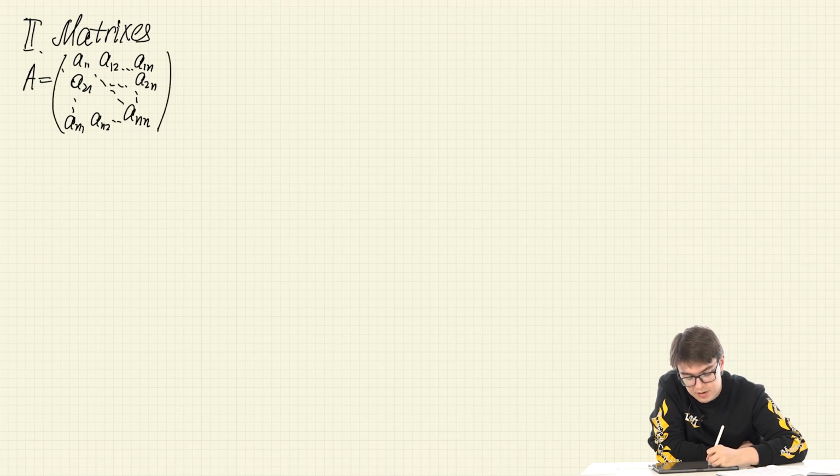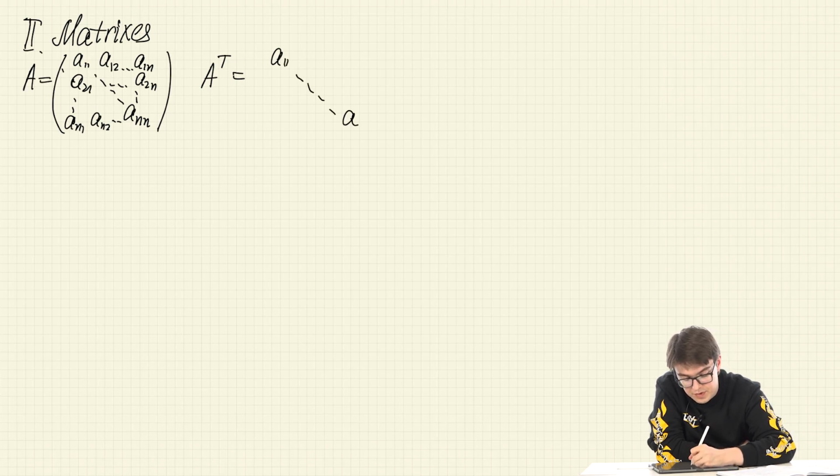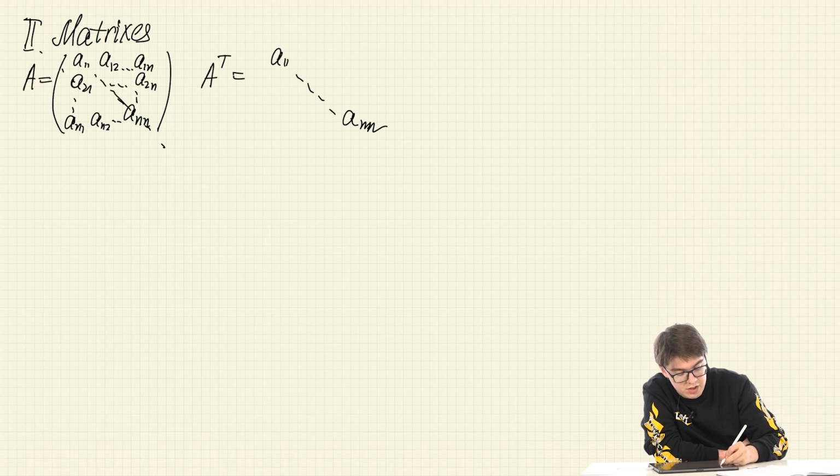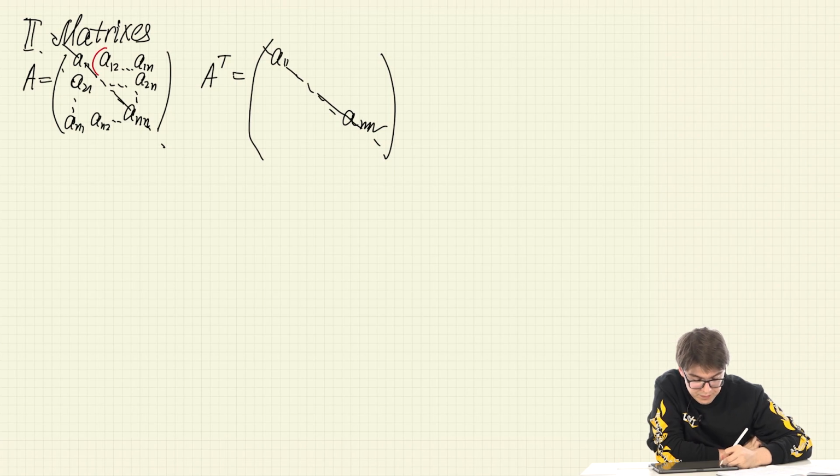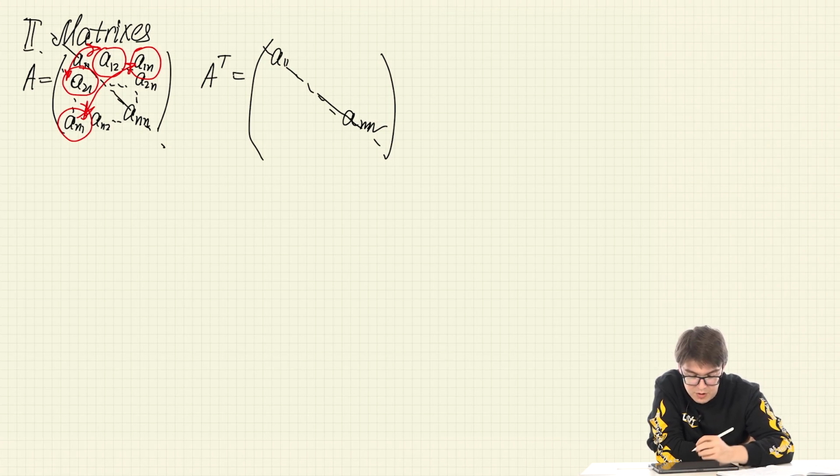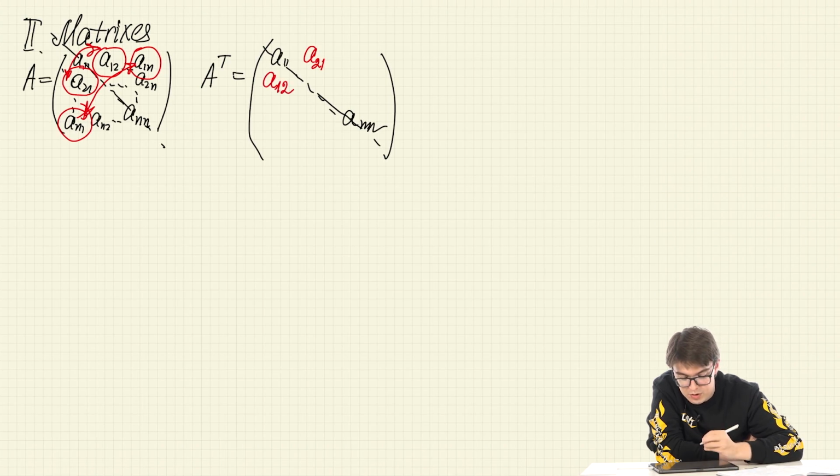The transposed matrix is the following one. It saves the main diagonal and reflects the elements with the same numbers but in other positions respectively. So here we write A21, here A12, and so what was the string now is written in a column.